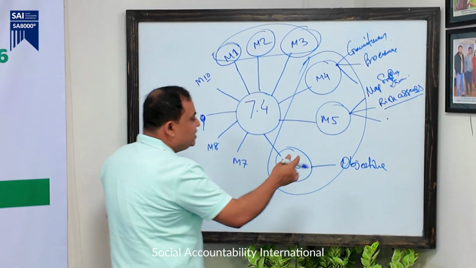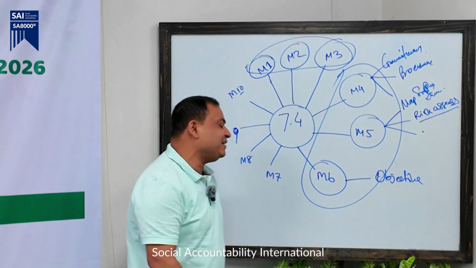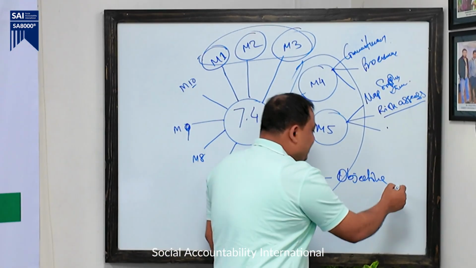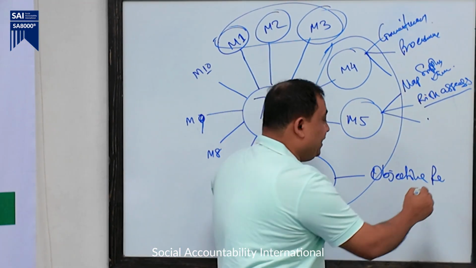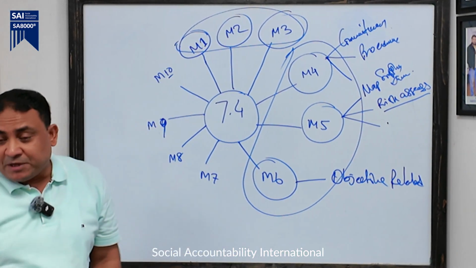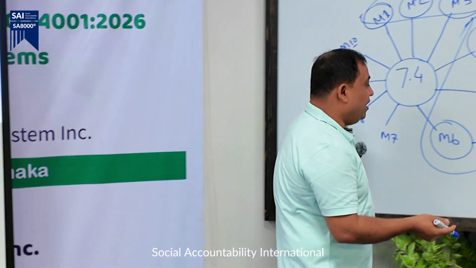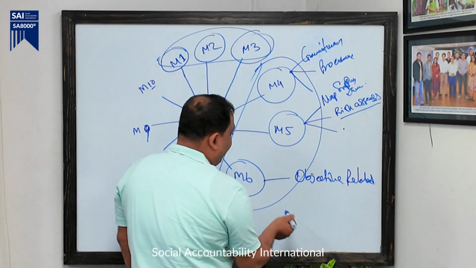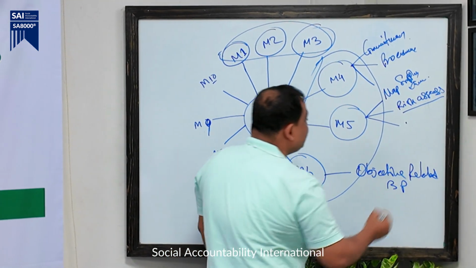That's why I'm saying that in M6 they will set the objectives related to business relationships, like business partners, you can say suppliers, subcontractors, sub-suppliers, labor providers, other service providers, any business relationship there is. So they have to set the objectives related to business partners.